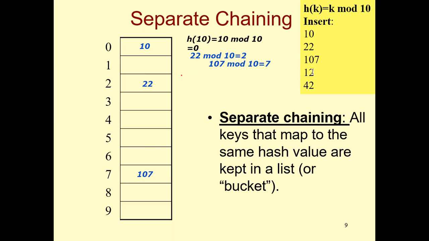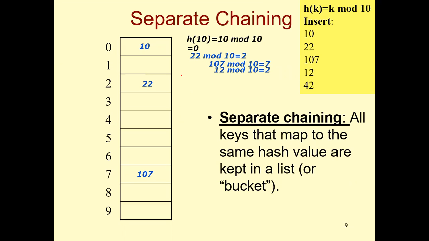All right, the next number is 12. So you're going to have 12 mod 10. Again, 10 into 12 goes 1, and the remainder is 2. Since the remainder is 2, it therefore means that 12 is supposed to come at this location. But if you notice, there's something there already. So since something is already there, what we're going to have to do is to chain, because it's a collision, because something is already stored there.